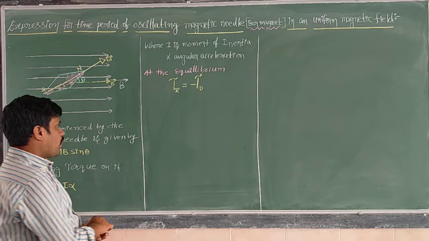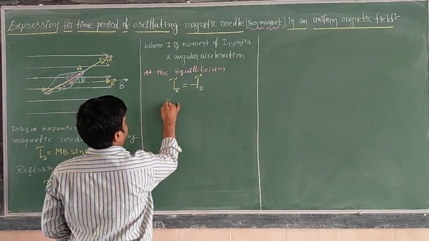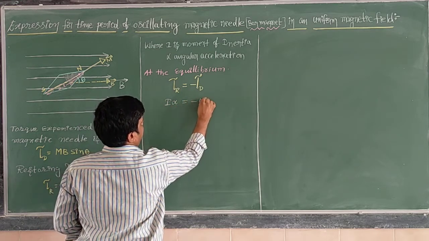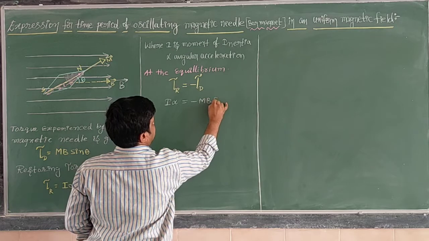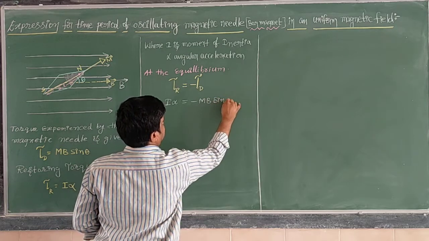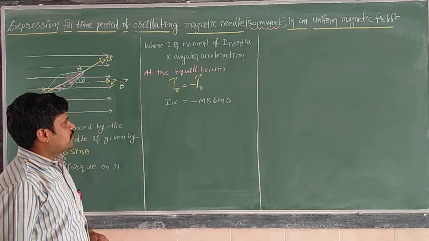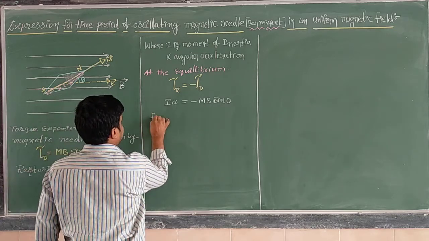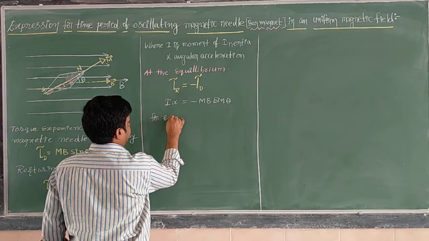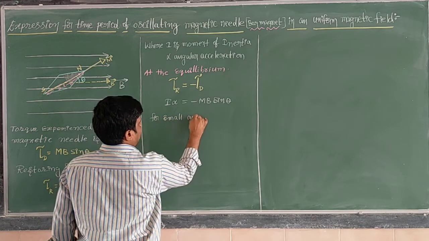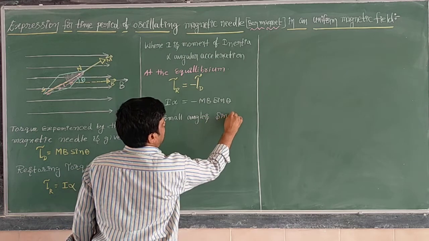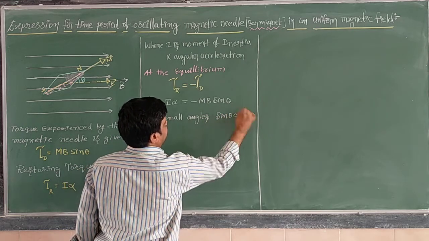So the restoring torque is I alpha, the deflecting torque is minus mB sin theta. Next, for small angles, sin theta is approximately equal to theta.